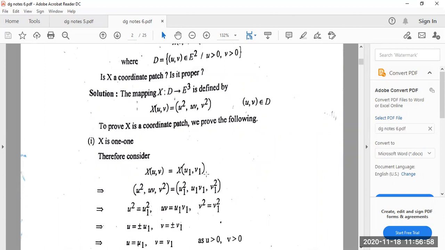And what is the second variable we have? v. We can name v square as y, right? So what will be the value of x? The value of u is root x, and the value of v will be root y.